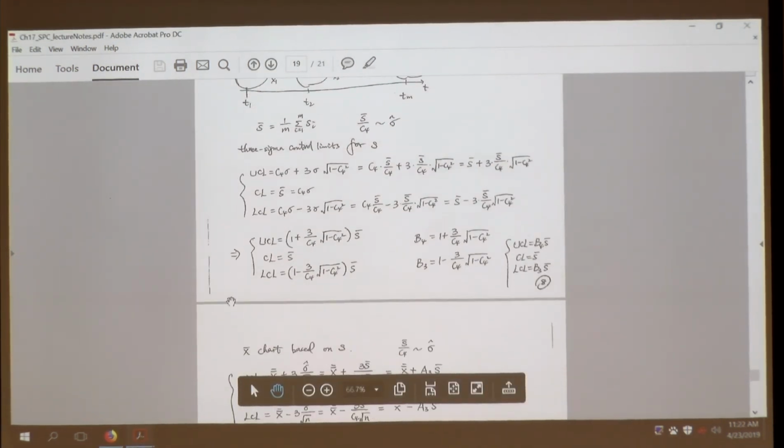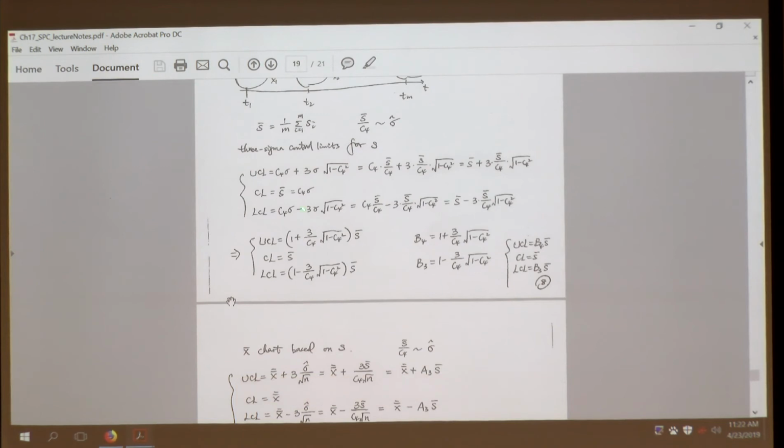Now, the 3 sigma control limits for S. S bar is equal to C4 sigma. And here it will be C4 sigma plus 3 sigma times the square root of 1 minus C4 squared, because this is the average plus minus 3 standard deviations.